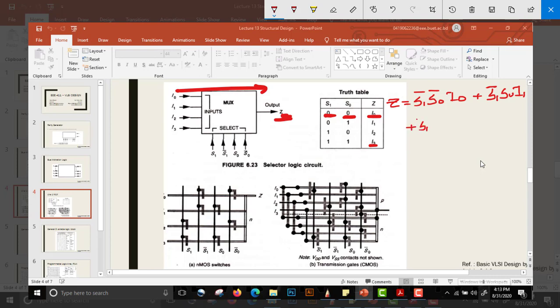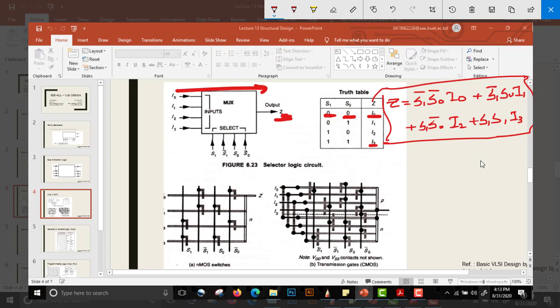When S1 is 1, S0 is 0, we have output equal to I2. When both S1 and S0 are 1, we have output equal to I3. So this is a very simple logic circuit. We have implemented a similar 2-to-1 mux in our Verilog and also in our DSCH class.